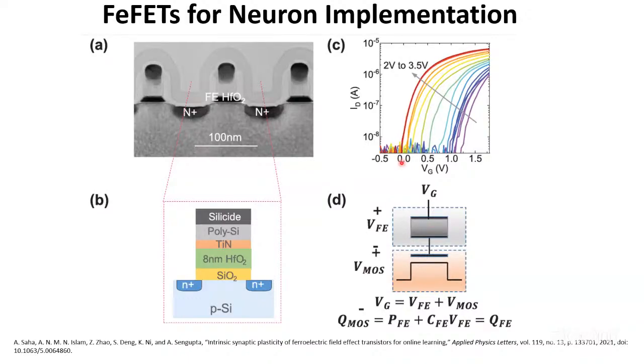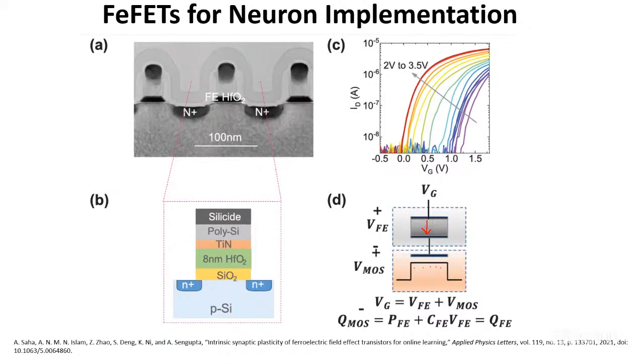When you apply a positive potential at the gate, the polarization of the ferroelectric will be downwards, and this will induce charges in the channel, and these charges will lower the threshold voltage of the device.